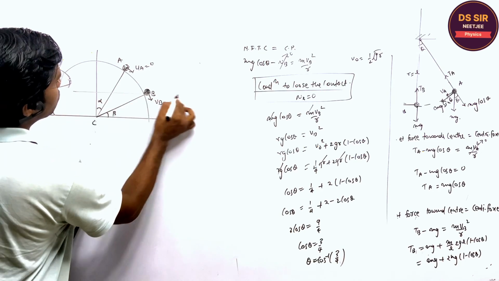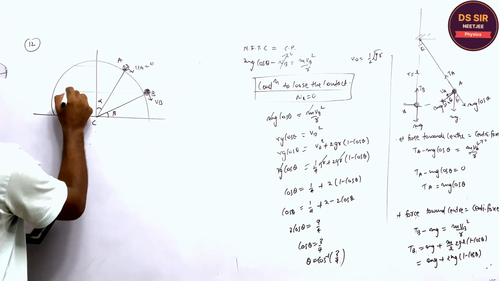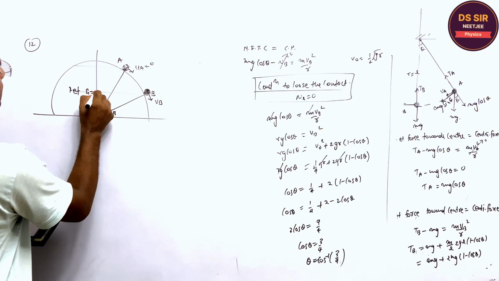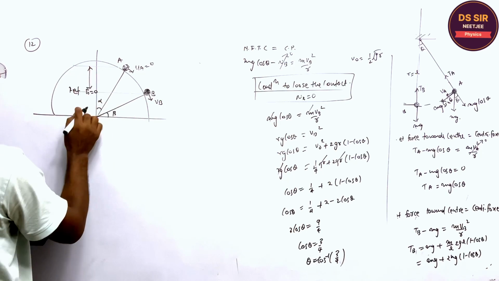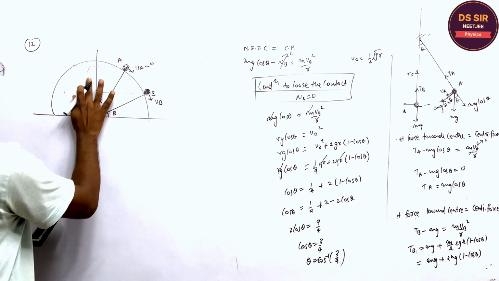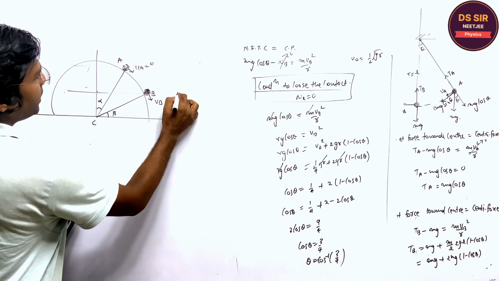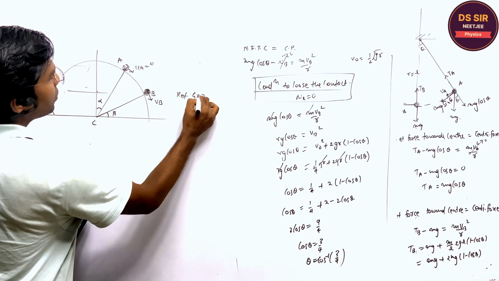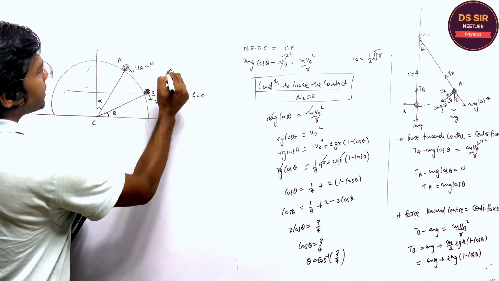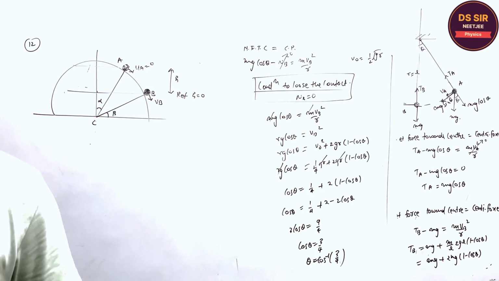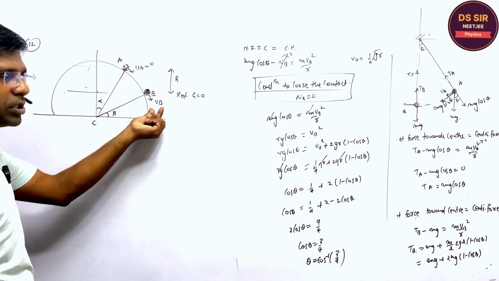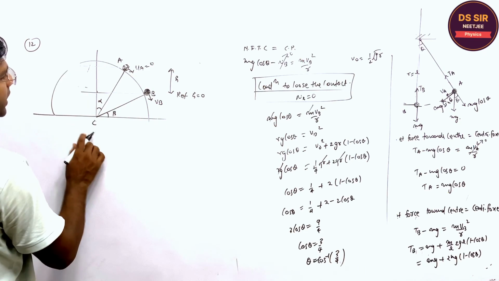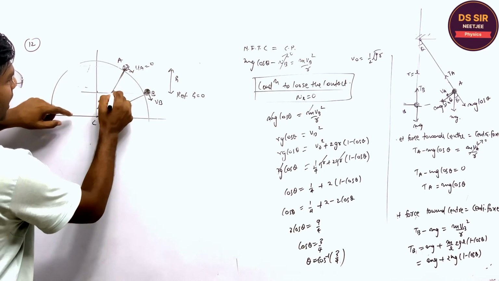So how to solve this question? Again, I will assume this is the reference, the height is equal to 0, and this is the height h. Is it clear or not? Now, first our work is to find the velocity at b applying the conservation of mechanical energy. Suppose this is r.